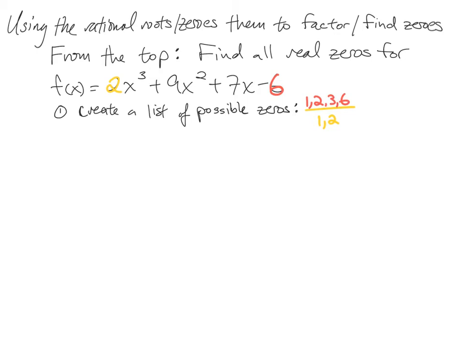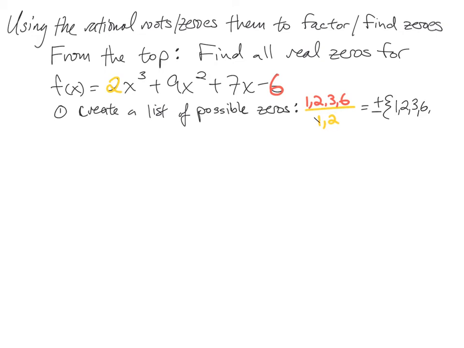So to create my list, I'm going to say this will equal plus or minus. I'm going to take all of these values in the numerator and divide them by 1. So that's pretty simple. They just show up again. 1, 2, 3, 6.